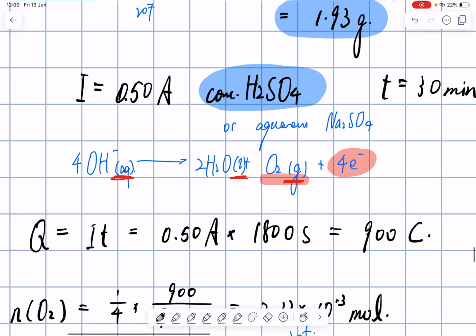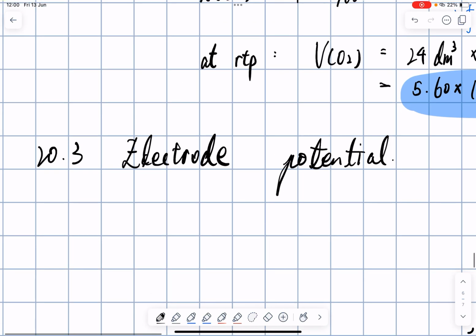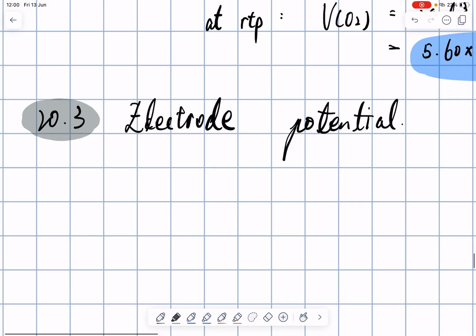For example, the electrolysis of concentrated sulfuric acid. Why can't it happen in the reverse direction? This is actually a good question, and it confused scientists for decades. Now we have an answer: electrode potential.